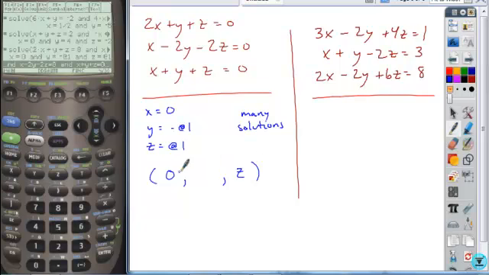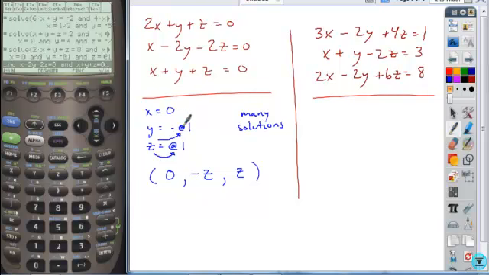What that means is your solution set for this system is x is always 0. Depending on what your z is, y is what with respect to that value? It's the negative of it. It's the opposite of it. So we write it in terms of that. Basically what we're doing is going back in and replacing our @ symbol with the variable everywhere it appears.